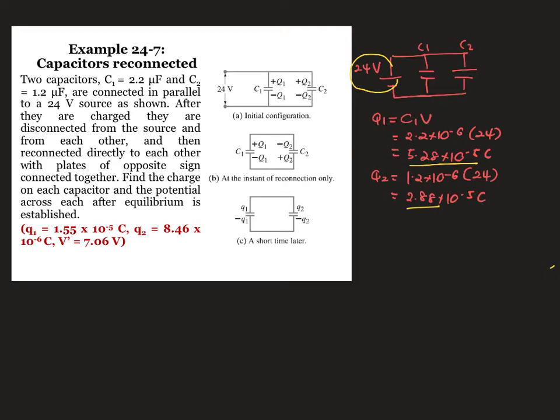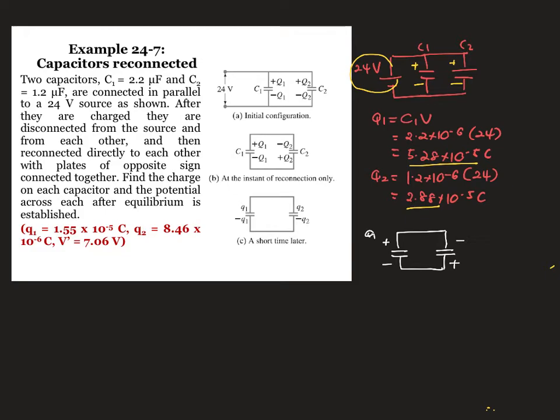Next, the combination of these capacitors is disconnected from the battery, but then it's going to be reconnected with a different leg, with a different sign. For example, this is positive, positive, negative, negative, so it's going to be reconnected like this: this is plus, this is minus, and this is minus, then this is plus.